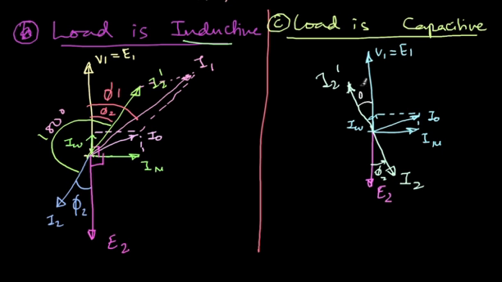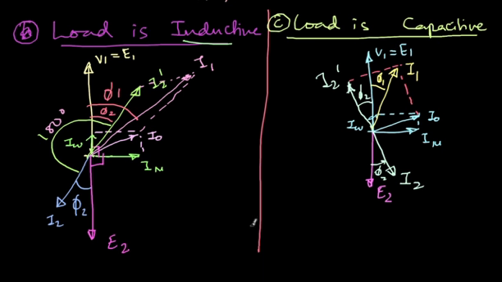And this angle will be phi 2. And then if I add this and this, the resulting current will be I1. And this angle will be phi 1. So this is the vector diagram when the load is capacitive.